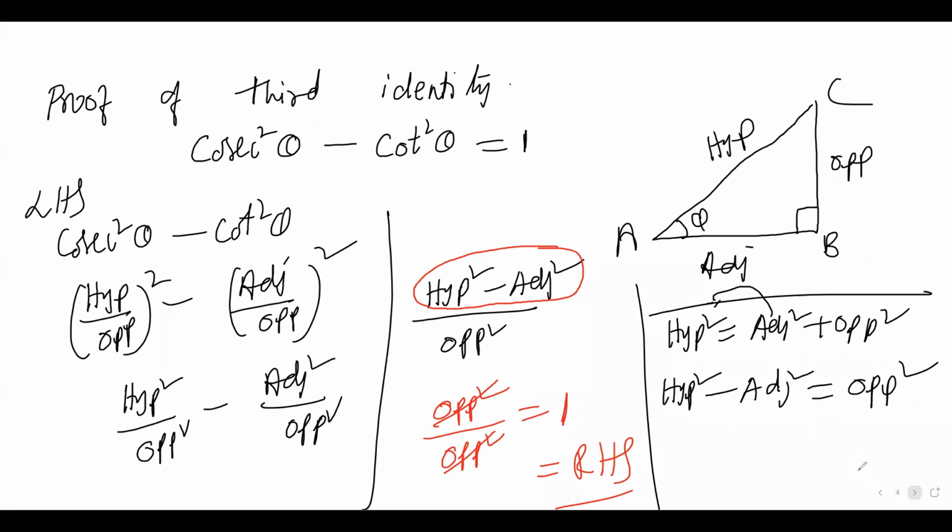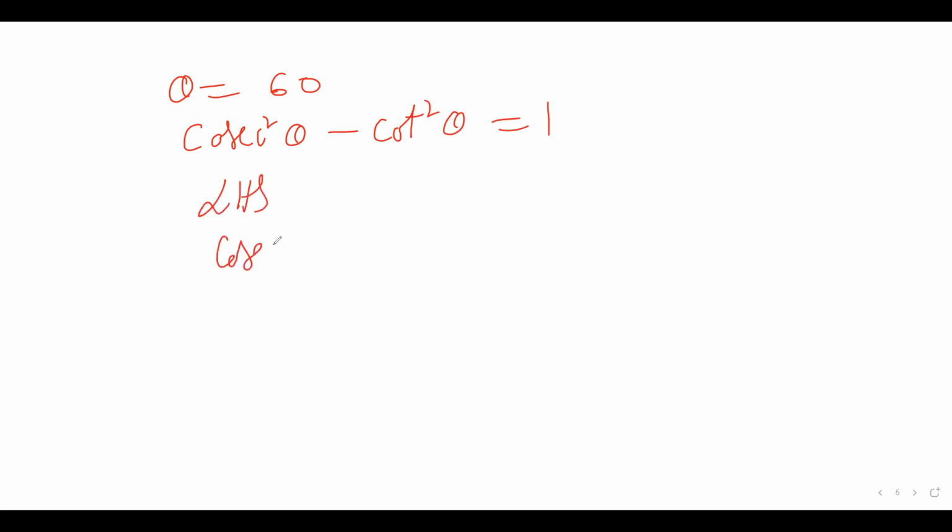We can even prove with taking an angle theta is equal to some 60 degrees. Let us take the identity cosecant square theta minus cot square theta is equal to 1. Theta is 60. Let us take LHS. Cosecant square 60 minus cot square 60. What is cosecant 60?